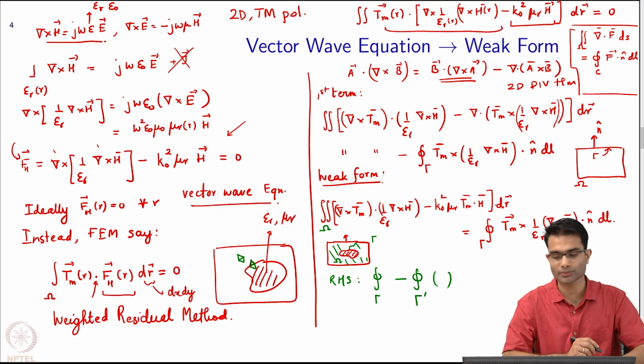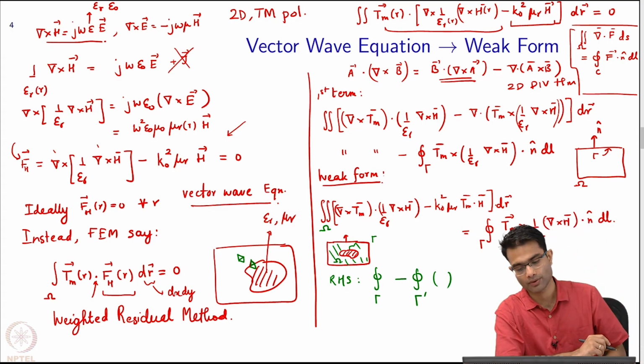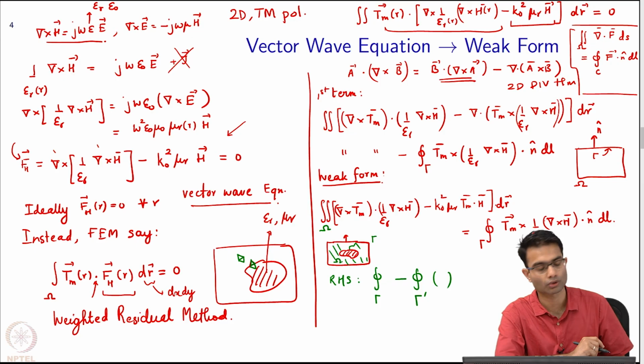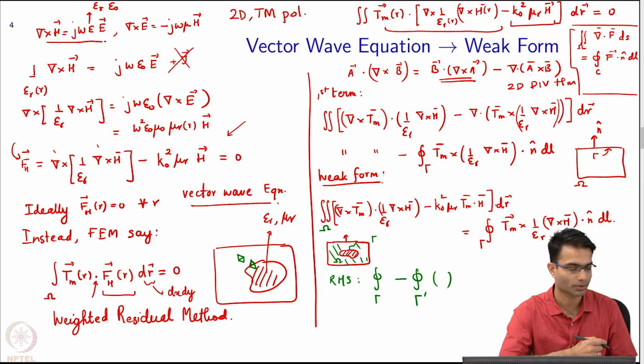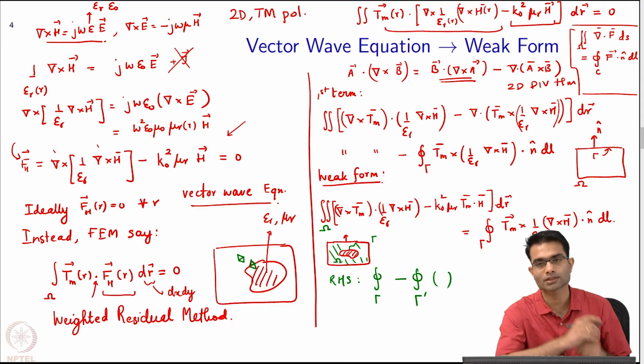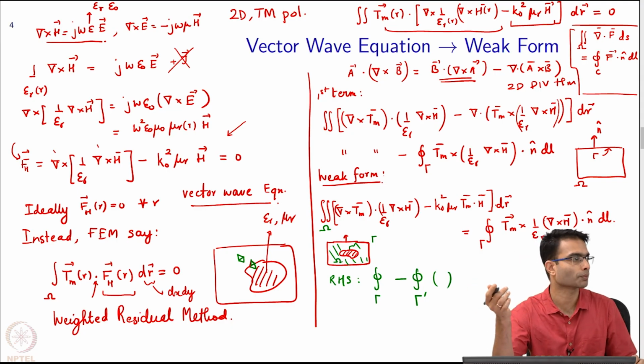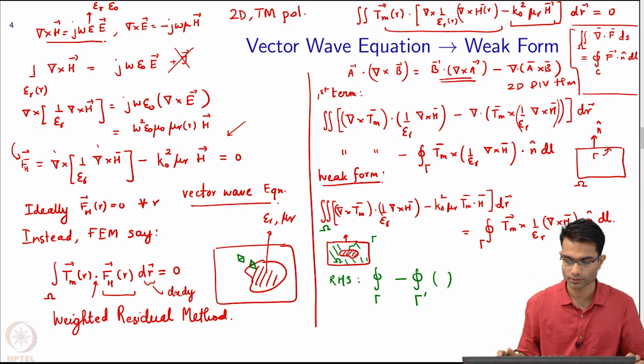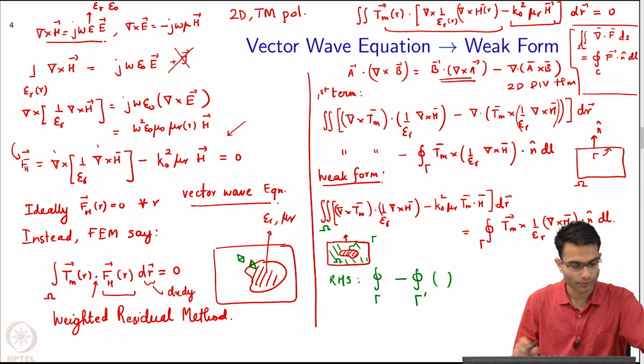So this is something that we should keep in mind for regions where you don't want to do any simulation, where there is no use, because the larger your computational domain, the more price you will have to pay in terms of computation, okay. So this is a weak form, this is fine, okay.